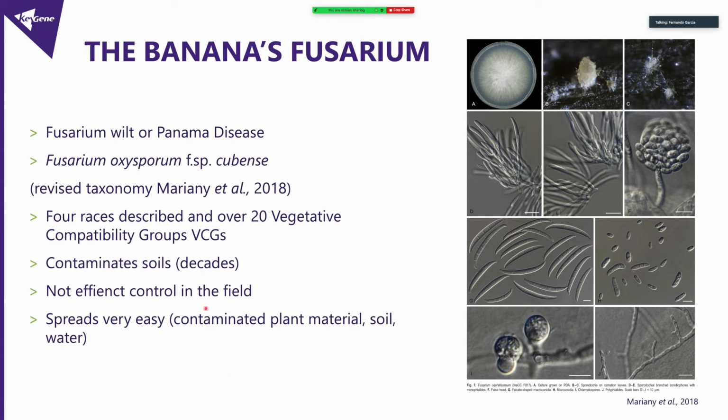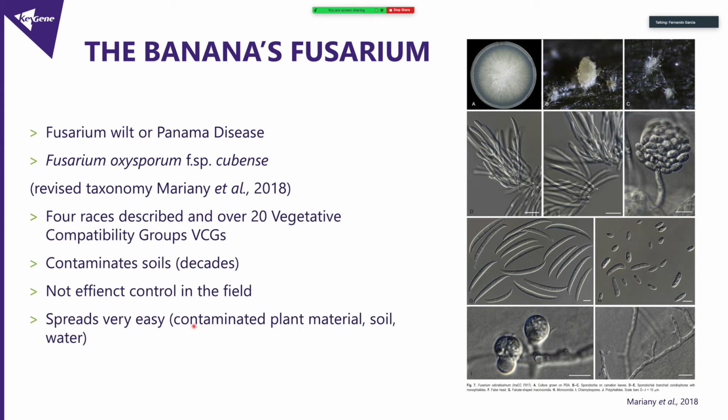The scariest thing is that it spreads extremely easily in 3 ways: by plant material, by soil, and by water. Among these 3, you can imagine all the possibilities. Soil, for example, in shoes, tools, animals, containers, all these kinds of things.